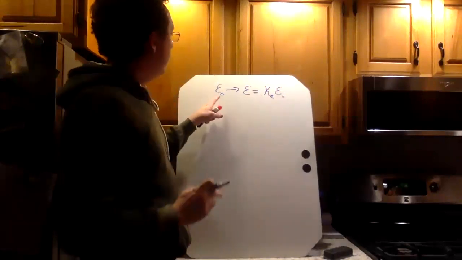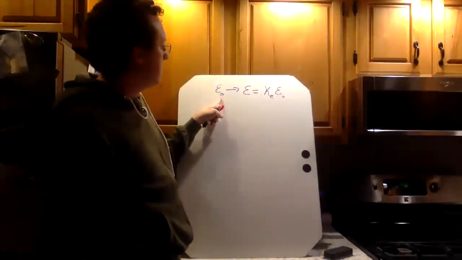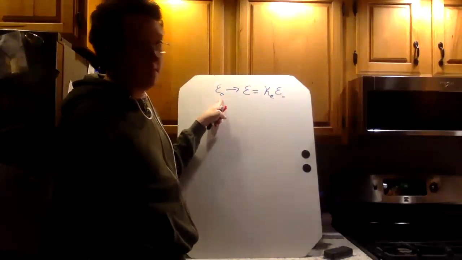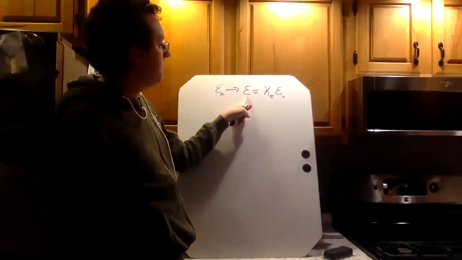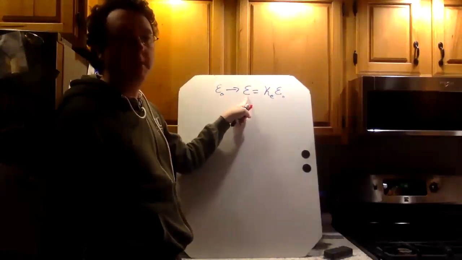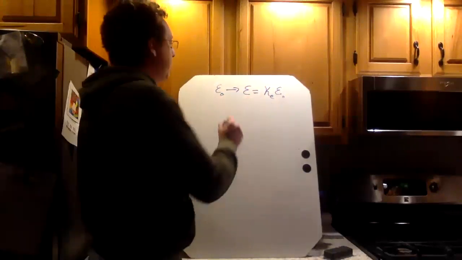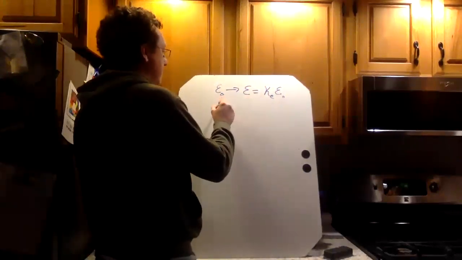Epsilon naught is the permittivity of free space or vacuum. Epsilon would be the permittivity of the material. Kappa is called the dielectric constant.